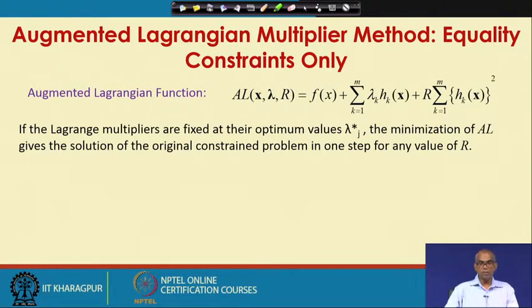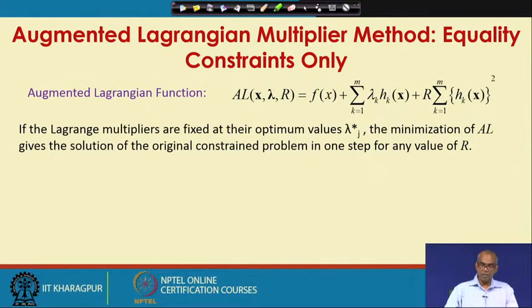If the Lagrange multipliers are fixed at their optimum values, the minimization of the augmented Lagrangian function gives the solution of the original constrained problem in one step for any value of the penalty parameter R. So, I repeat, once I have formulated the augmented Lagrangian function, the optimization of it will lead to the optimization of the original constrained nonlinear programming problem.